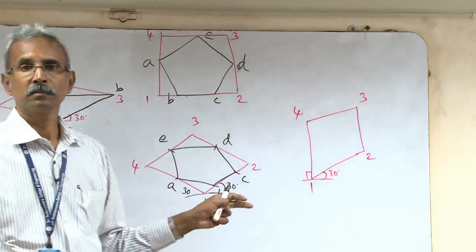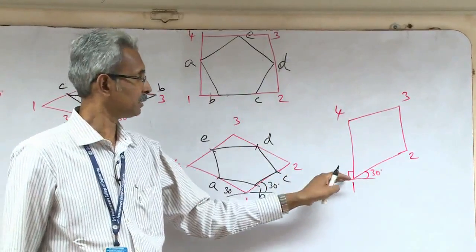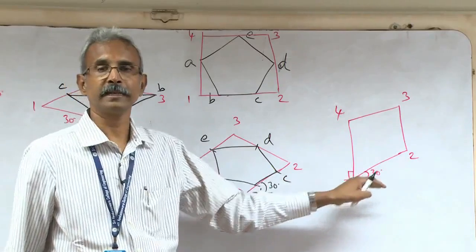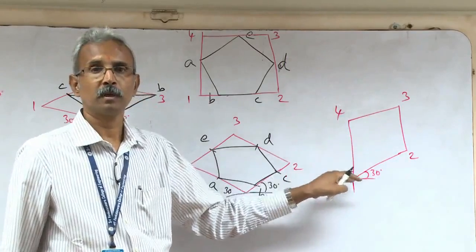Right? Again one edge is vertical here, this is 90 degrees, and the other one is inclined at 30 degrees.